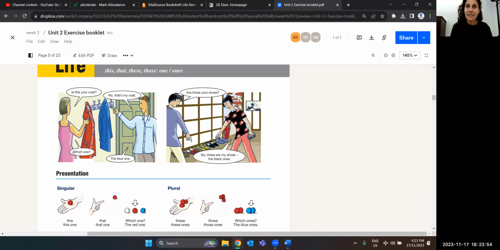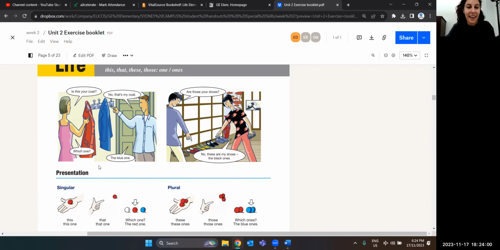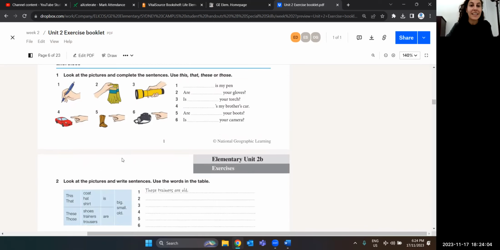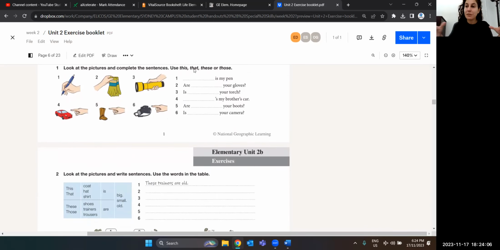So you're asking someone because maybe there's more than one, so you don't know which one. So let's use this, that, remember, for singular to show that something is near and asking a question. And then for something that's far, plural, we need to use the plural. So for near, singular plural, or for far, singular plural.